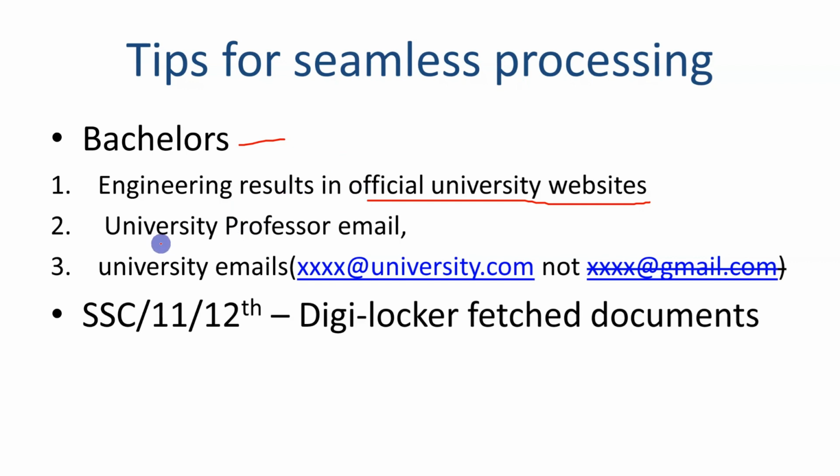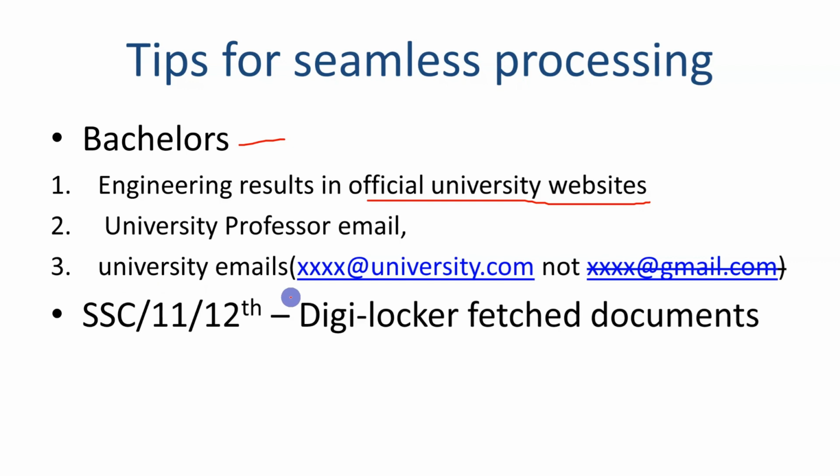Additionally, you can also provide your university professor's email. Have a word with the professor that he might be receiving a verification email from APS or the German embassy, so that he will be alert and respond to the email immediately. And you can also provide university emails.